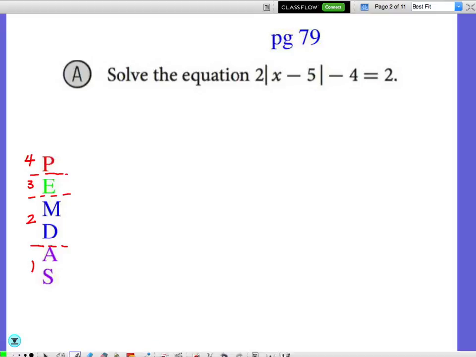Now, since we're talking about absolute value functions, I'm going to include, along with the parentheses, the absolute value. So remember, the absolute value are these vertical lines right here. We're going to treat these vertical lines as if they were parentheses. So in our last level, we have either parentheses or the absolute value.